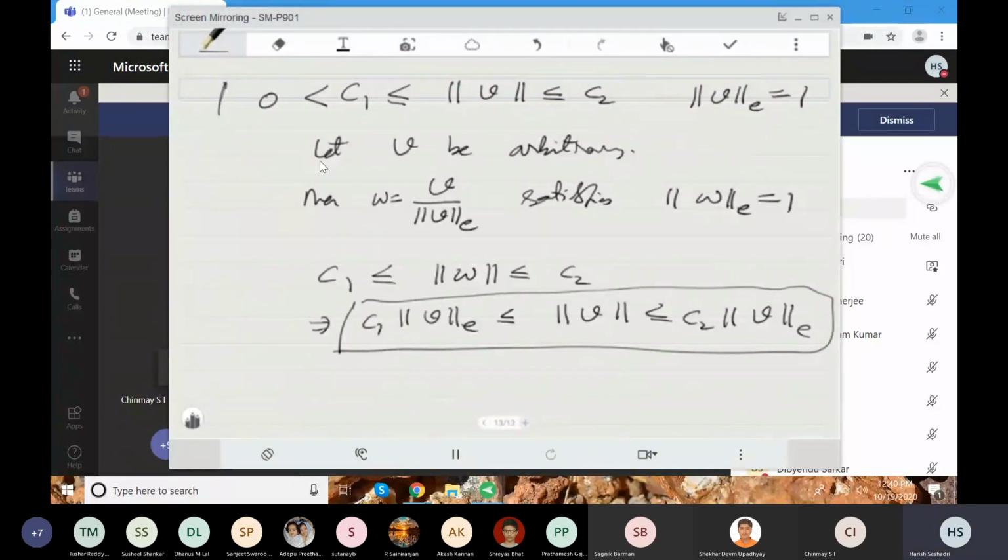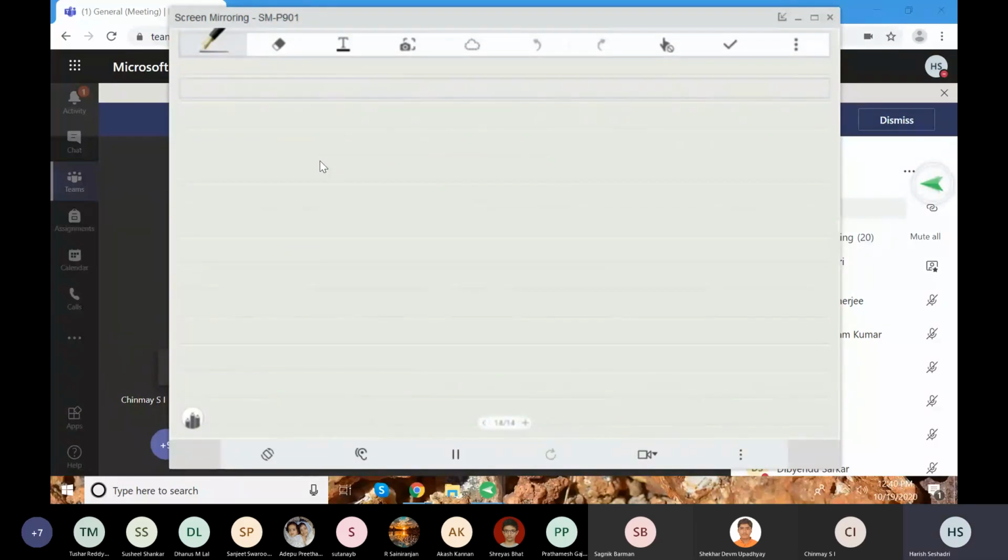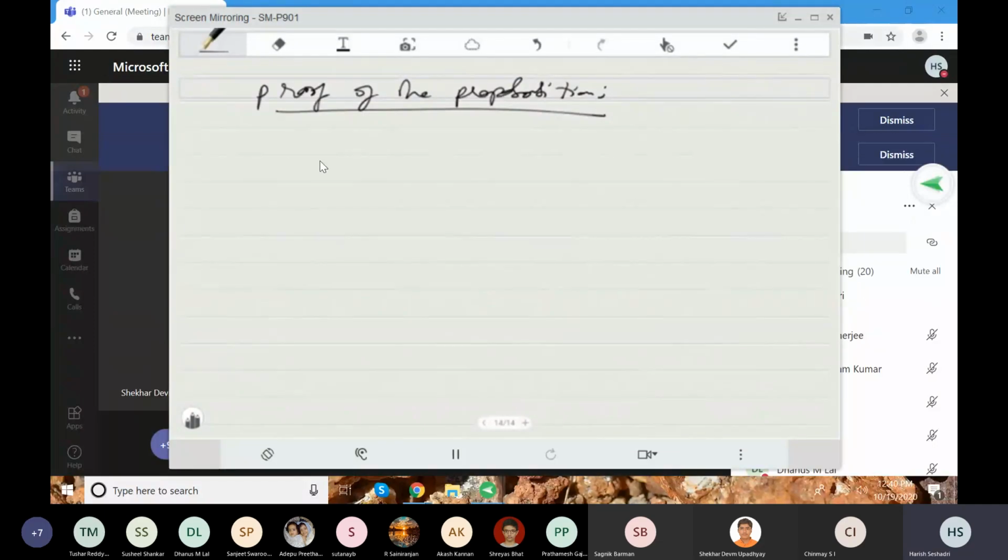Now that we have this, let's return to the proof of the main proposition, where we had two norms on Rn. When I made that statement, I didn't even talk about the Euclidean norm.